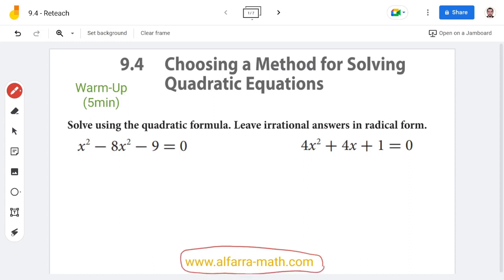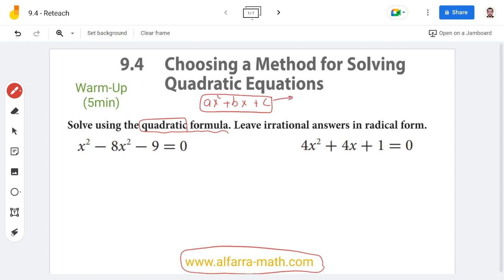Now, this lesson and the next lesson 9.5, or the whole module 9, is talking about factoring the quadratic. We know the quadratic is ax squared plus bx plus c, and we have many ways to find the factors, to find the solutions.